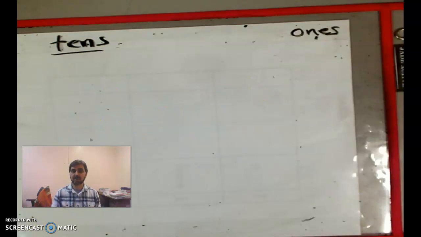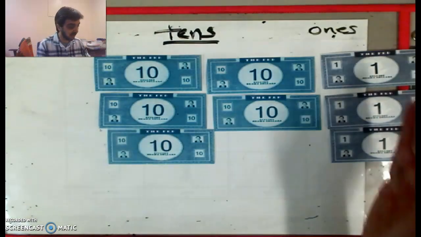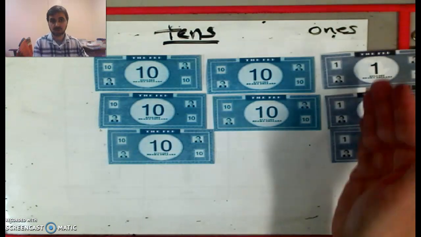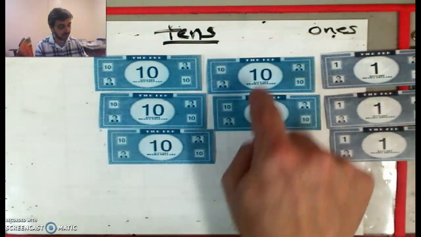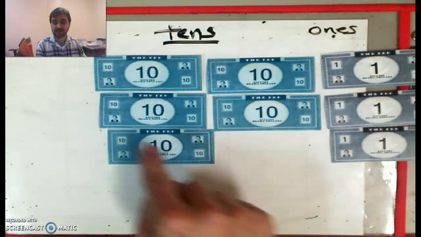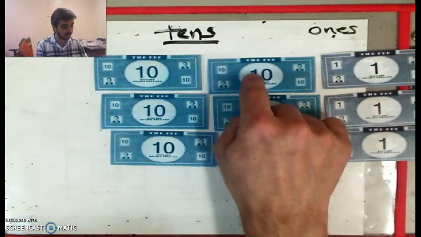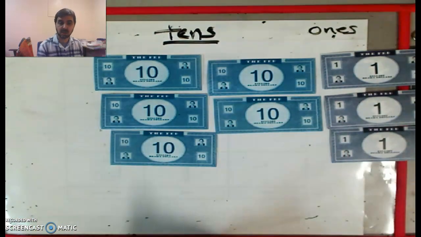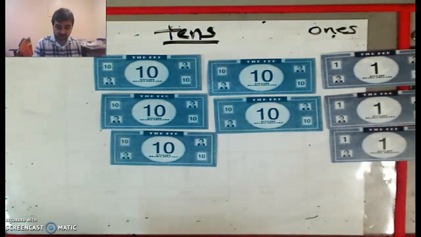Now, let's look at the tens place for a second. All right, so let's say we have 3 ones, okay? And now let's look at the tens place. We have 10, 20, 30, 40, $50, or 5 tens, okay? Can you see how this is 5 tens? 1, 2, 3, 4, 5, or $50? Okay, so we have $53. But, check this out.